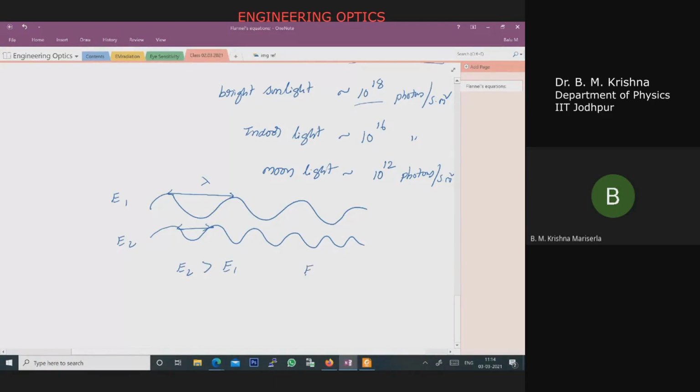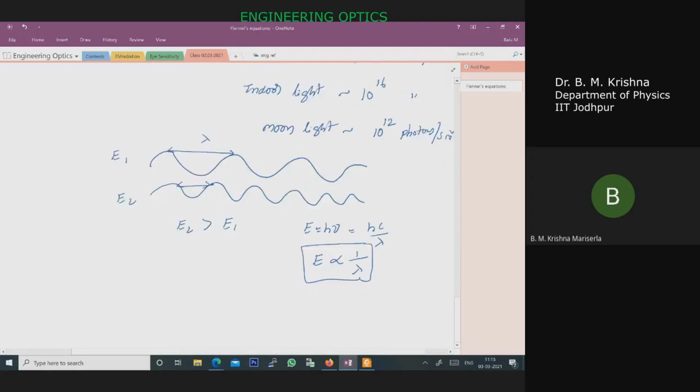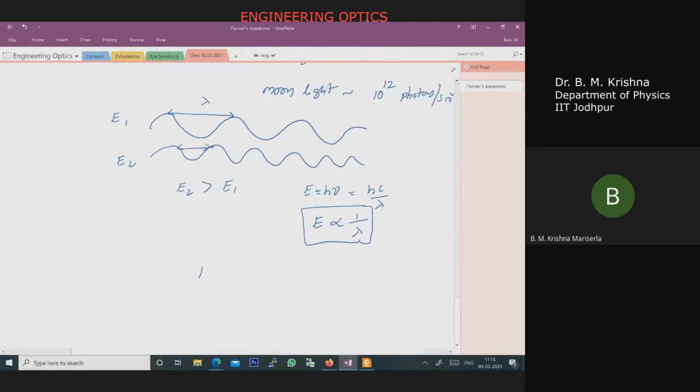You know that energy E equals h nu, which is nothing but hc by lambda. So E is proportional to 1 over lambda. If lambda increases, E decreases.